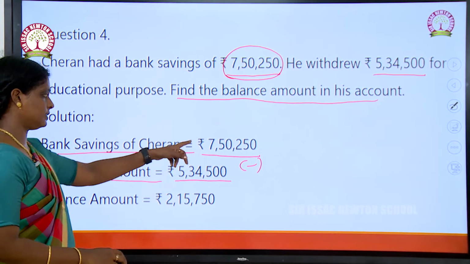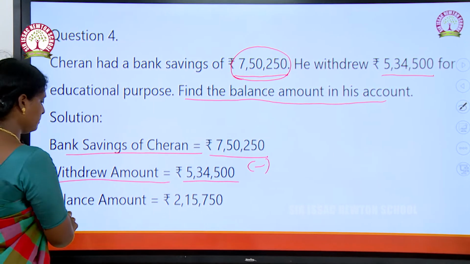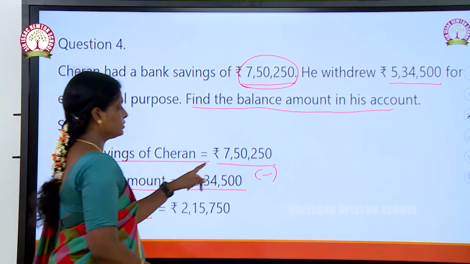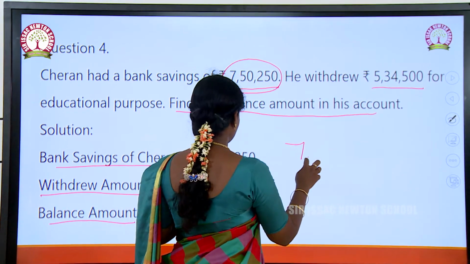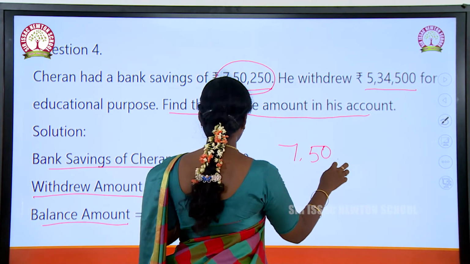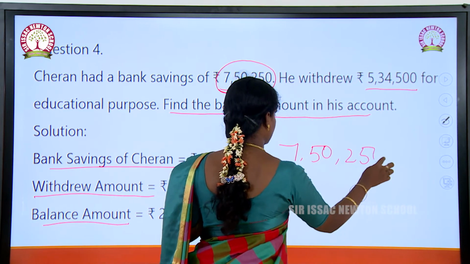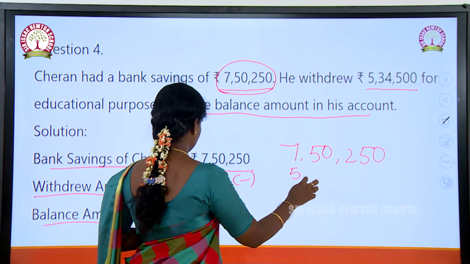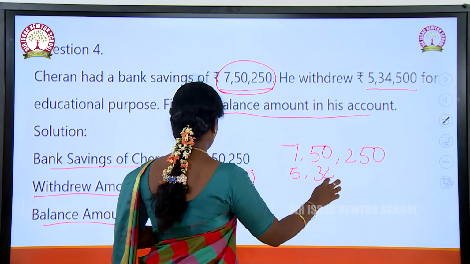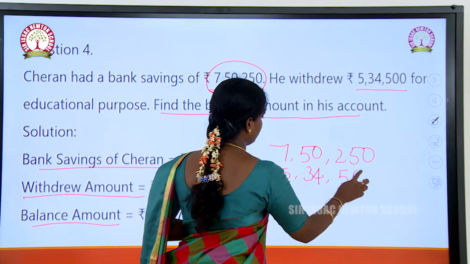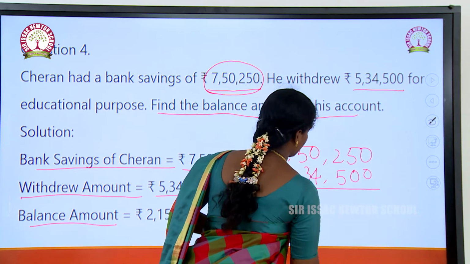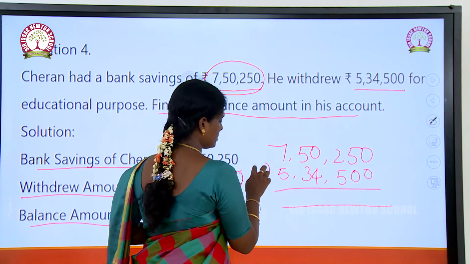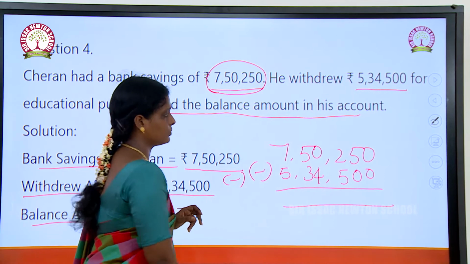If you subtract these two amounts, you will get the balance amount. So the total amount is 7,50,250. From this he withdrew 5,34,500. So I am going to subtract these two numbers to find the balance amount.